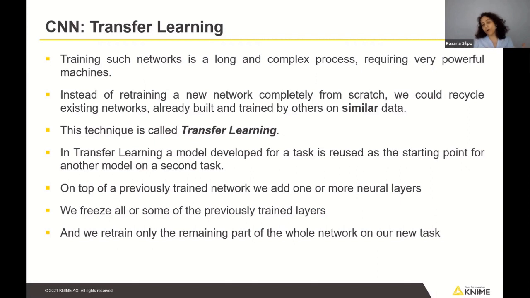I freeze all or some of the previously trained layers, and then I retrain the remaining part for my new task. This works surprisingly well. Of course, the closer the new task is to the old task, the easier it is to perform this kind of transfer learning. But let's say that in general, this technique has worked surprisingly well. So this is a relatively accepted technique.